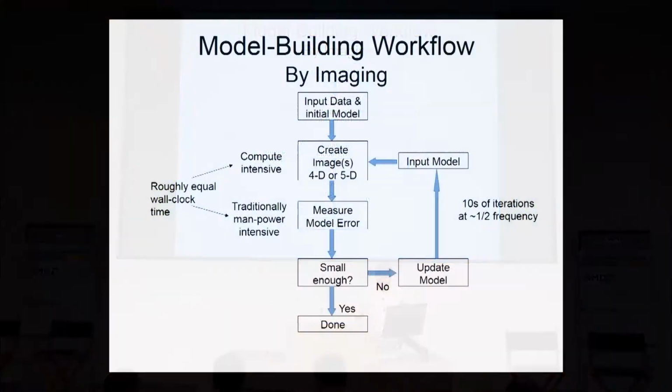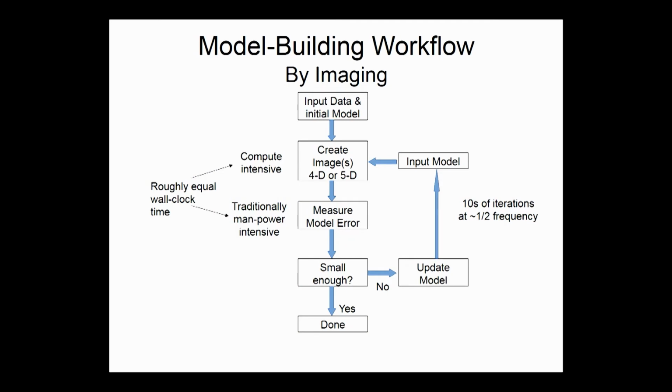One of the interesting things that shows up in this process is that you typically end up having a balance between compute wall clock time and manpower intensive wall clock time. Simply because if you've got more compute, you want to tackle the problem of your manpower intensive component and give yourself better tools so you can reduce your turnaround time.